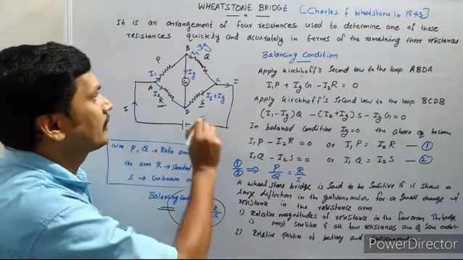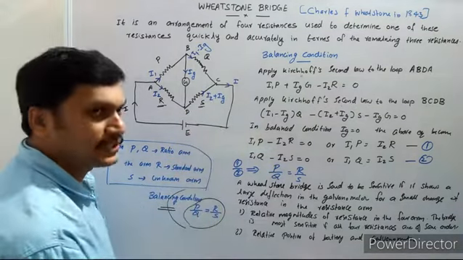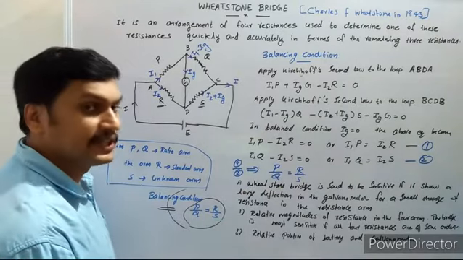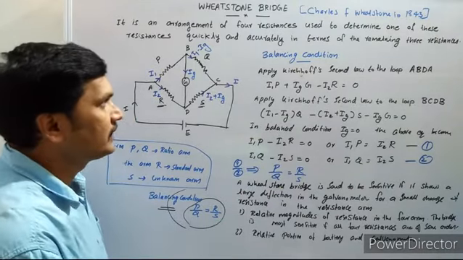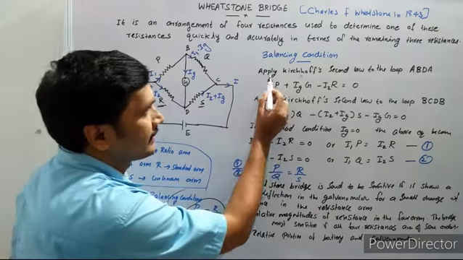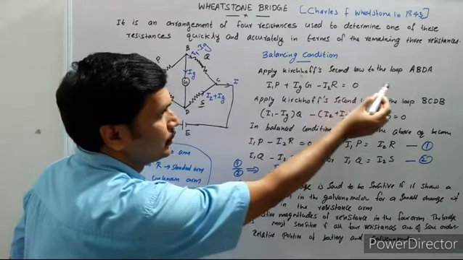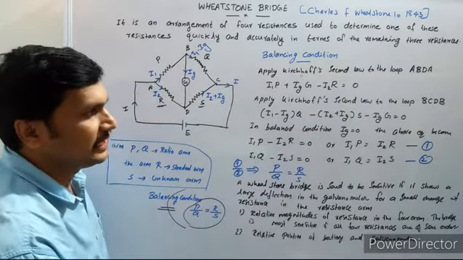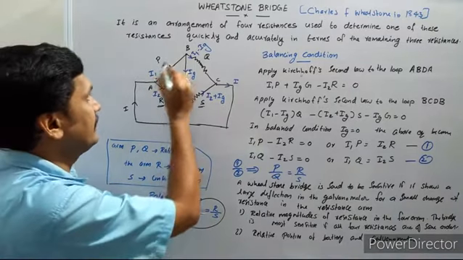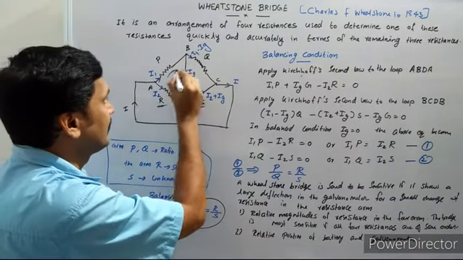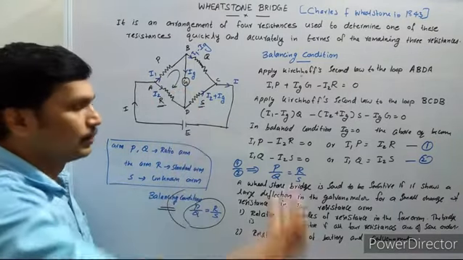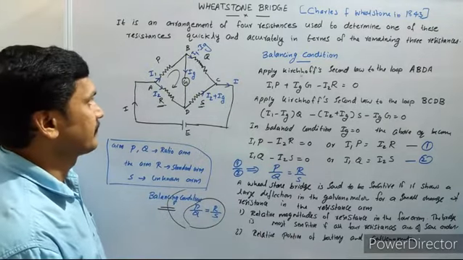Now let us see how to derive this balancing condition by using Kirchhoff's law. Here we apply Kirchhoff's second law to the loop A, B, D, A, moving through this loop in the clockwise direction.